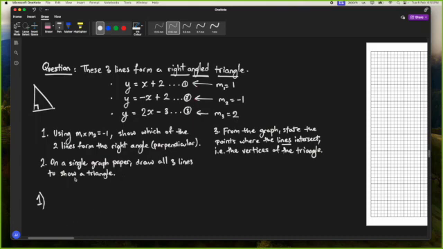And so if we take the first two equations, m1 and m2, and multiply them, m1 multiplied by m2, that is 1 multiplied by negative 1, the answer there is negative 1. So therefore, equation 1 is perpendicular to equation 2.